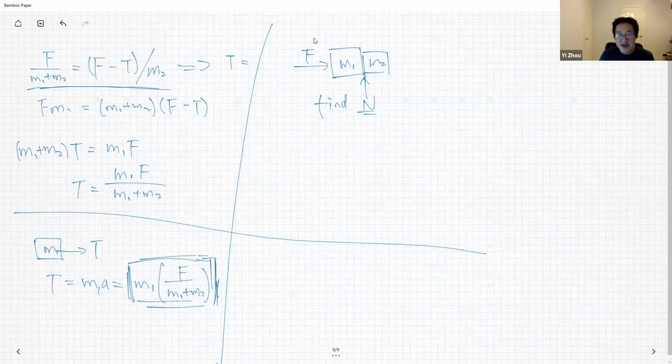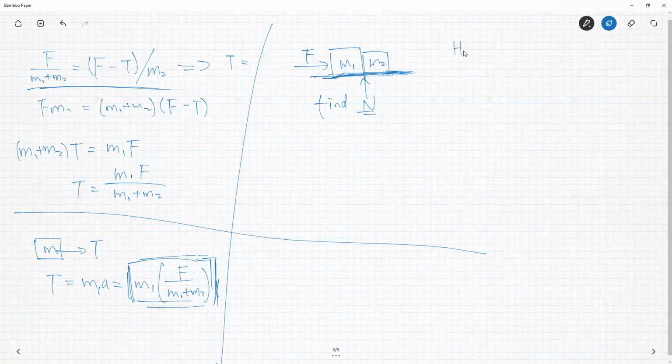Do you have any idea how to find the normal force between M1 and M2, if there's a frictionless surface? I'm not sure. Okay, first let's see how many different choices of object we can study. Two. Which two?